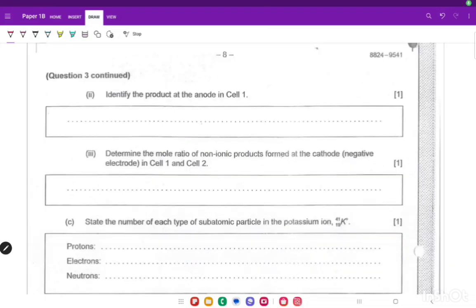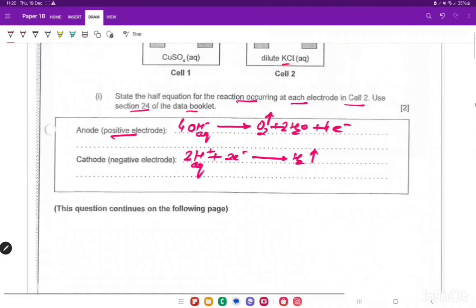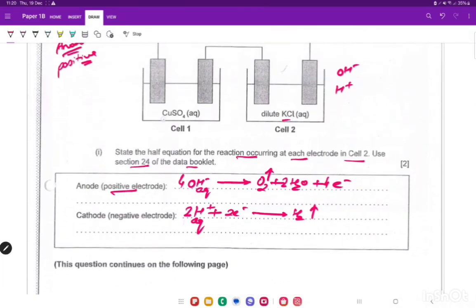The second subpart of question 3, part B. Identify the product at the anode in cell 1. Cell 1 contains copper sulfate, which contains Cu2 plus, H plus, SO4 2 minus and OH minus ions. Between Cu2 plus and H plus, the Cu2 plus has more tendency to lose charge.